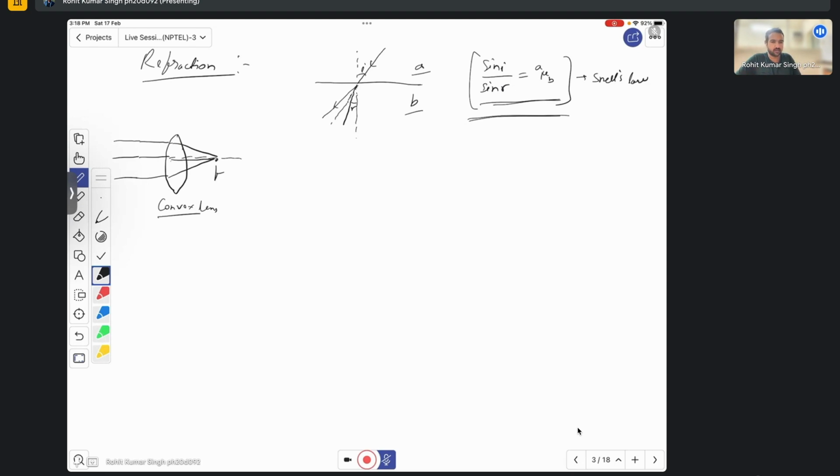And the point where the light rays converge is the focus of this lens.